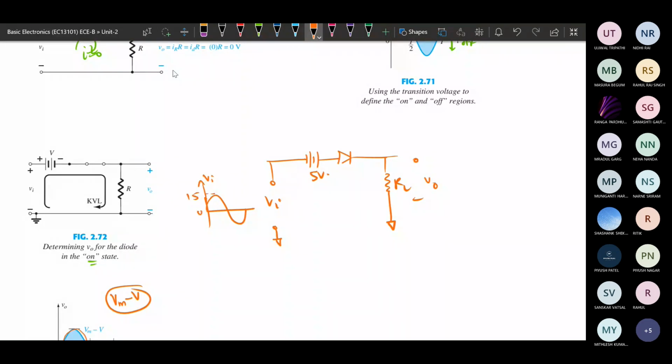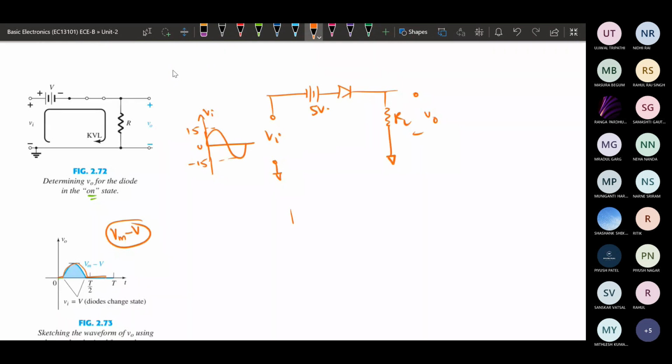This is 0, and this is minus 15 volt, and this is 5 volt. In this case, what will be the output? Anyone? When will it be on and when will it be off?